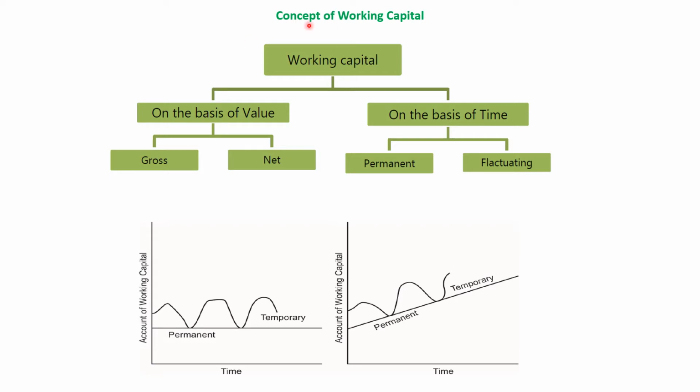The concept of working capital can be explained in two ways. One is on the basis of value and another one is on the basis of time. On the basis of value, gross and net. What is gross working capital? Gross working capital means the amount which is invested by an entity in current assets, total value.